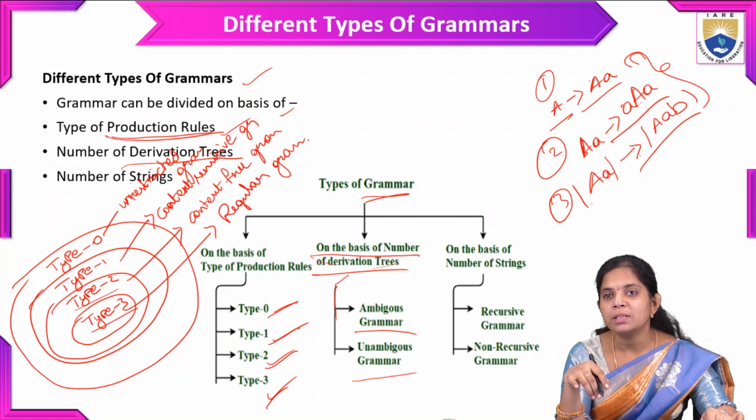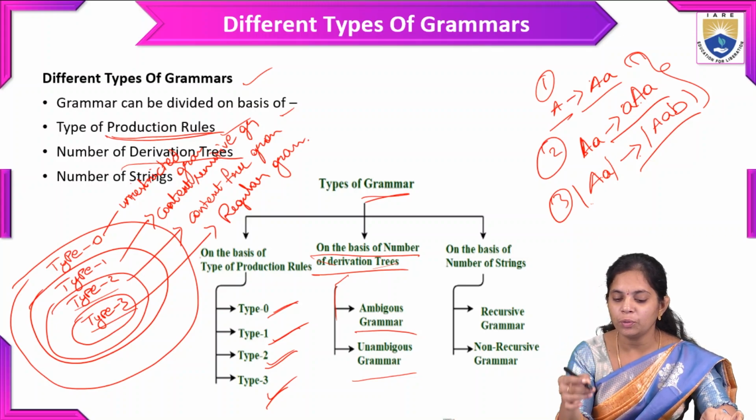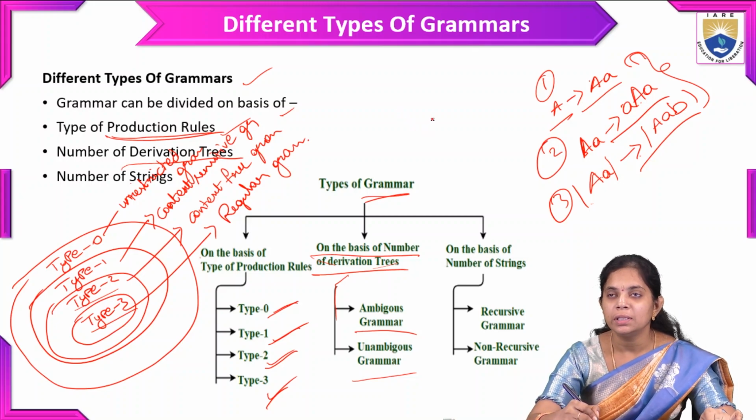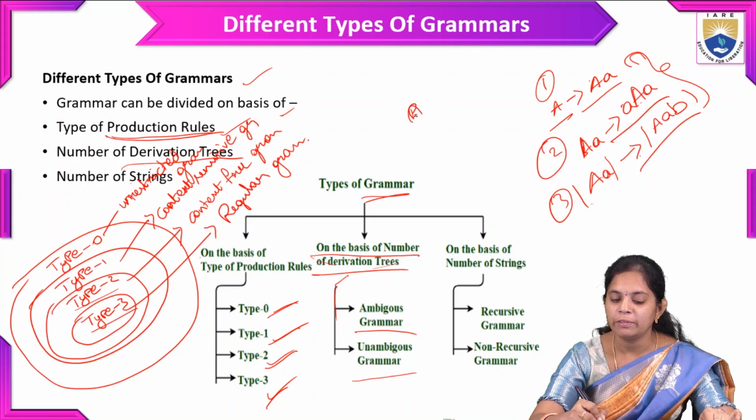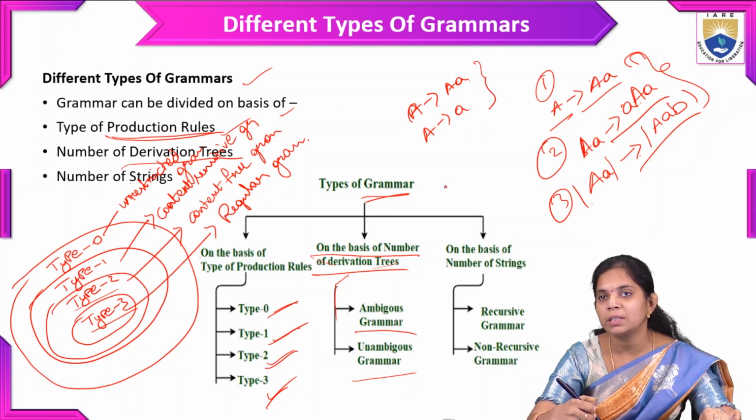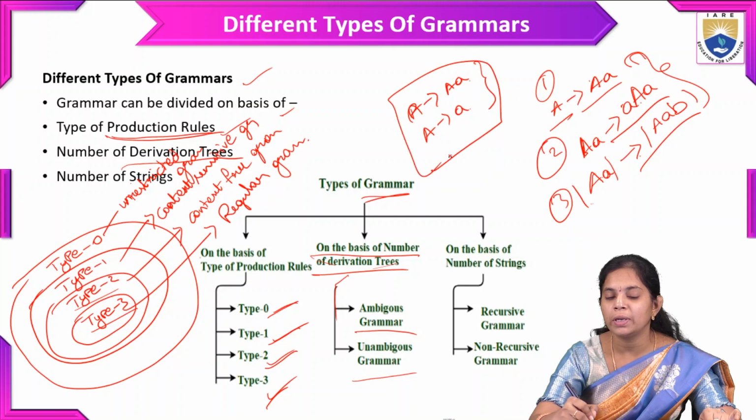So based on the number of derivation trees we have ambiguous grammar and unambiguous grammar. Ambiguous grammar is when, for the same production rule, we can represent two different derivations for the one grammar.